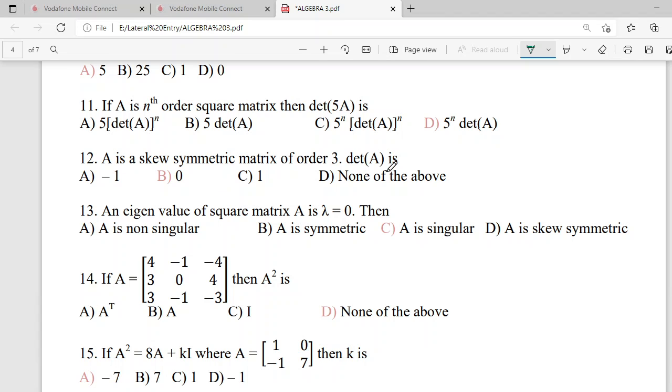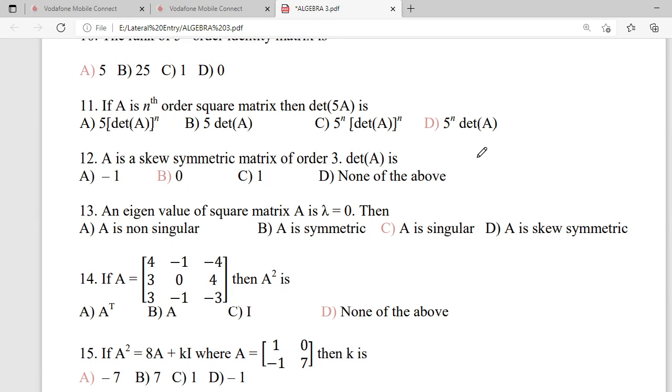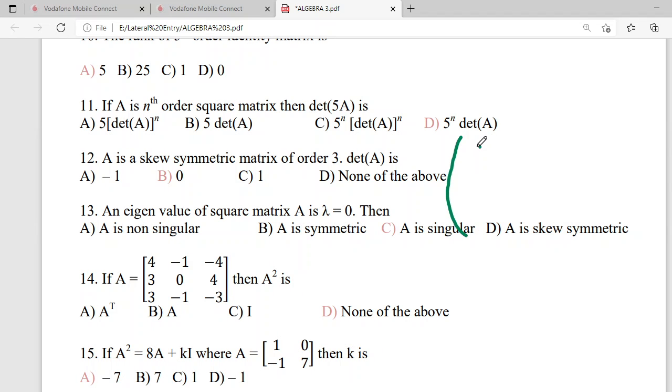You have to see there is no such general theorem, but for order 3 you can try this one, number 12. It is a skew symmetric matrix. First you write one skew symmetric matrix. Your diagonal elements will be 0.